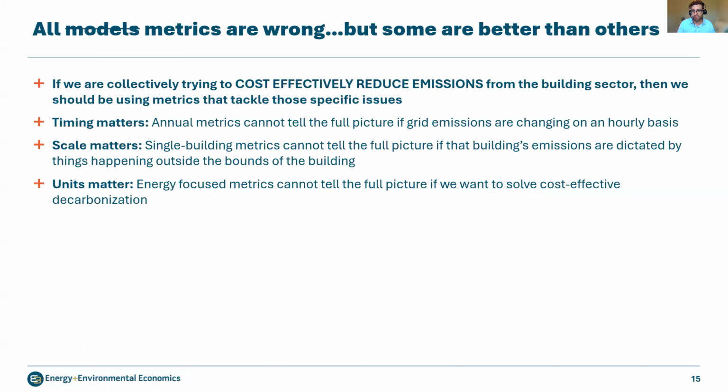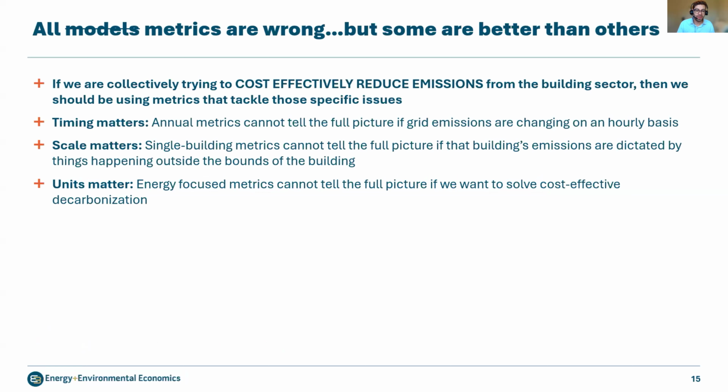So we've all heard the phrase, all models are wrong, but some are better than others. I think this statement also holds true for metrics. All metrics answer something, but it's very rare that any individual metric can give the full picture to a question.